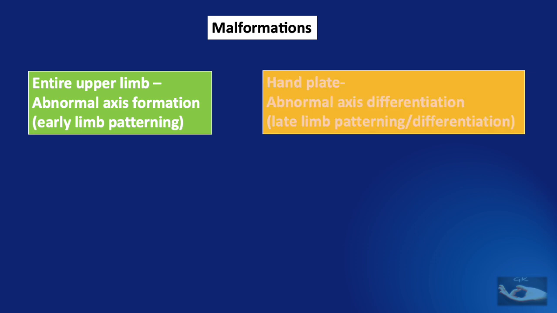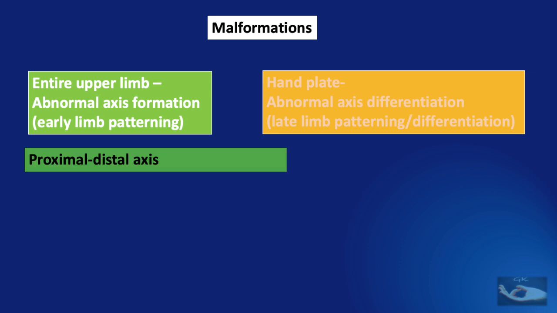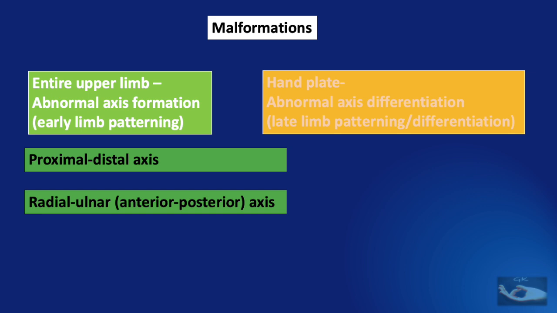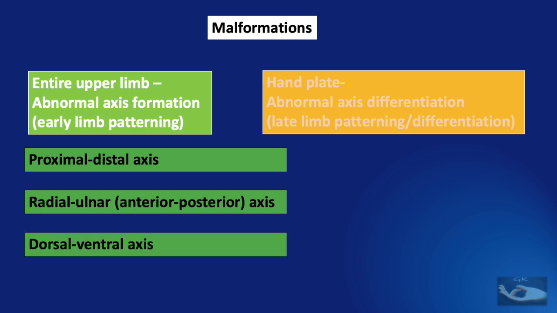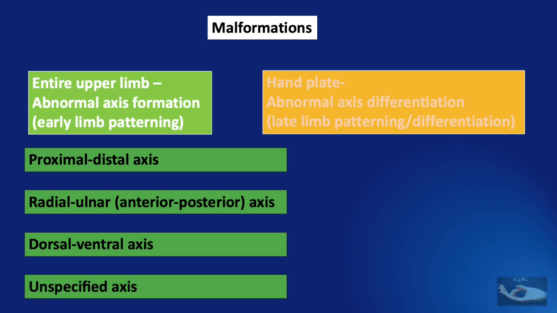First, let us consider malformations involving the entire upper limb, which is abnormal axis formation. As we know, there are 3 axes of development, so the malformations could involve the proximal-distal axis, the radial-ulnar or antero-posterior axis, the dorsal ventral axis, or any unspecified axis.